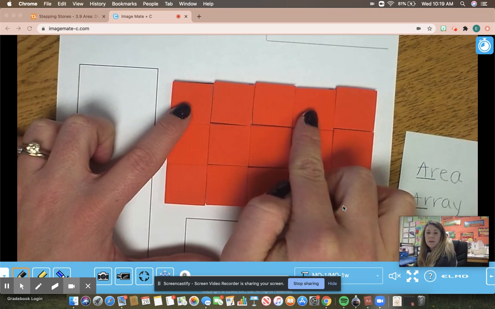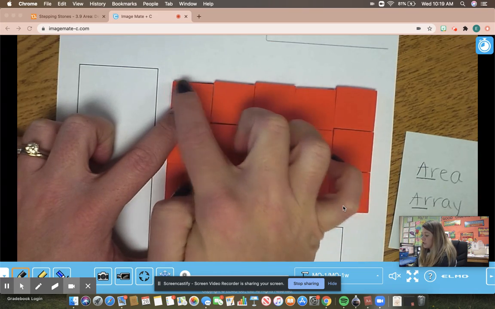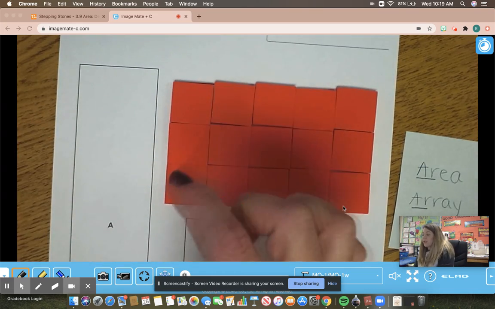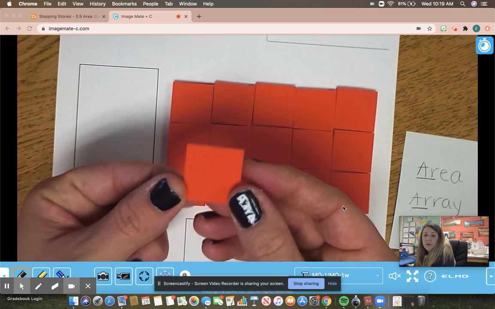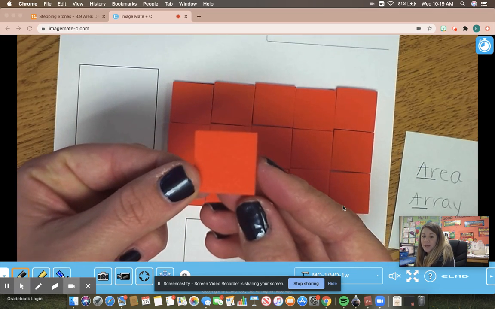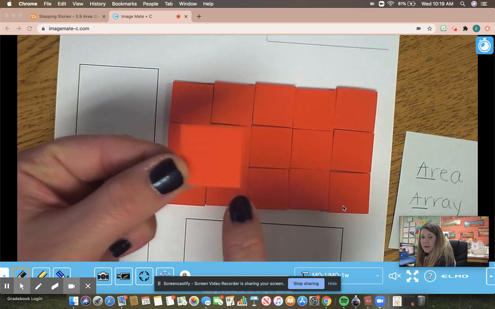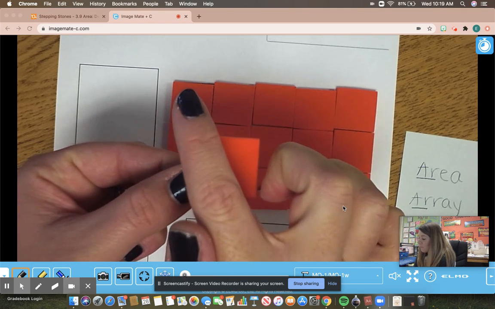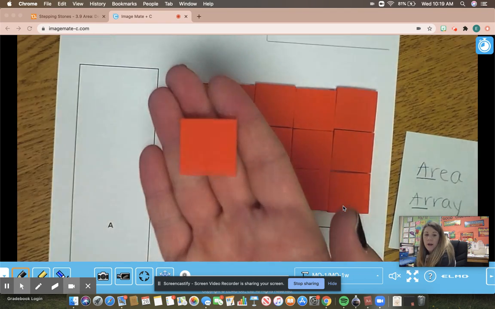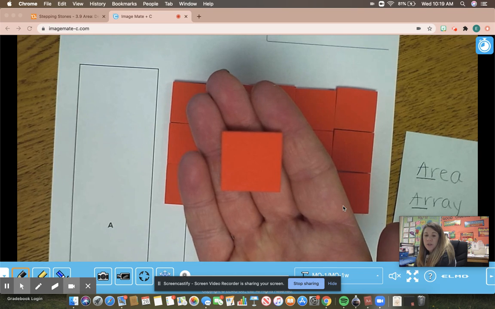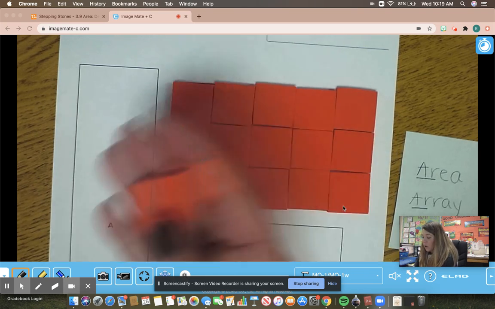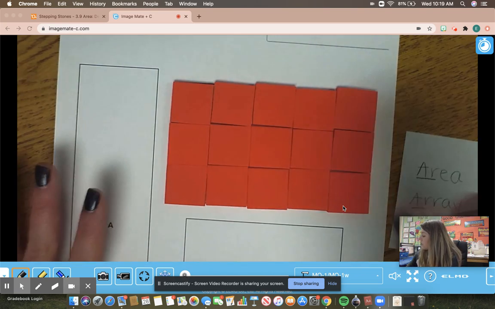Each tile is 1 inch long. We actually call it a square inch. This is a square inch because it's 1 inch long on every side. It makes a perfect square of 1 inch. So when talking about area, we're talking about a square inch.